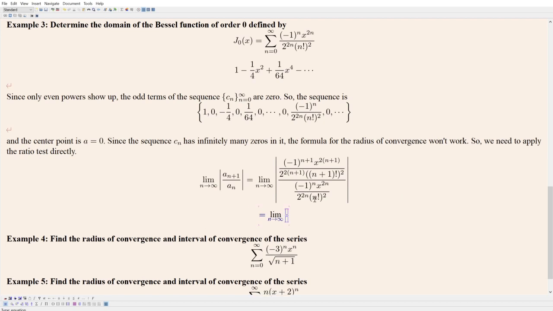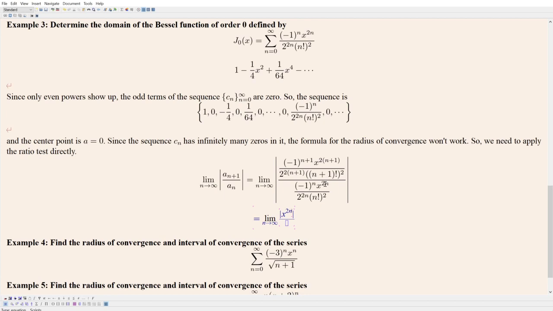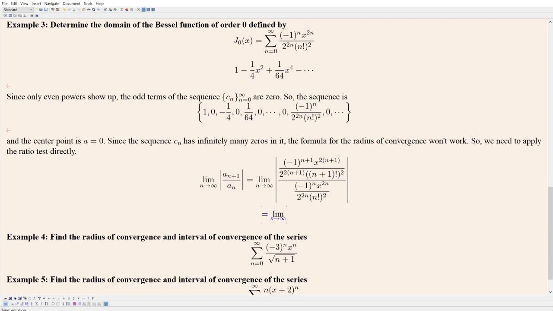Anyway, so dividing fractions is the same as multiplying by reciprocals. So here I'm just distributing that. Hang on, I'm sorry.